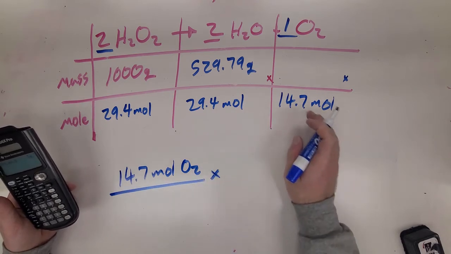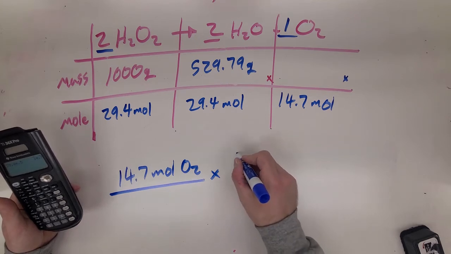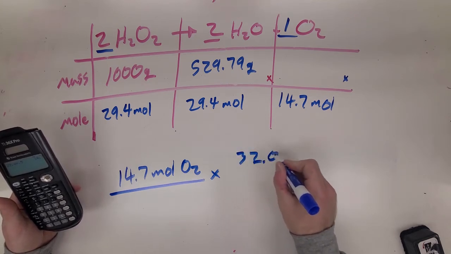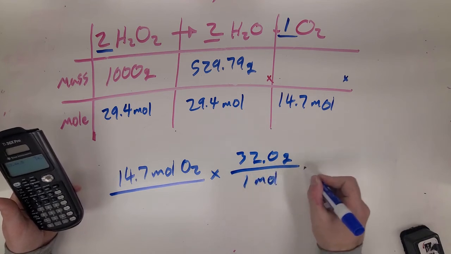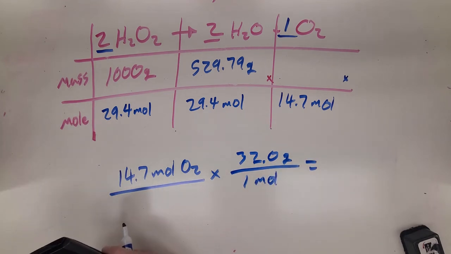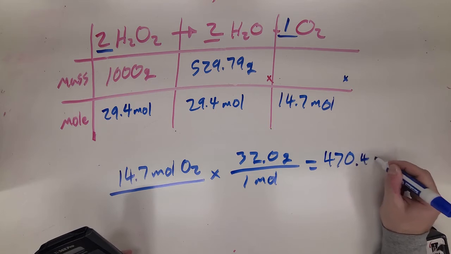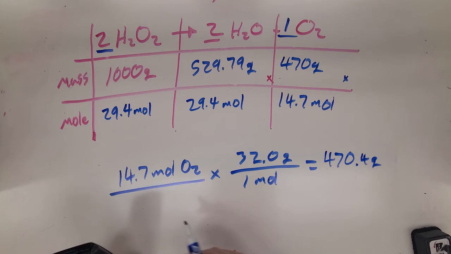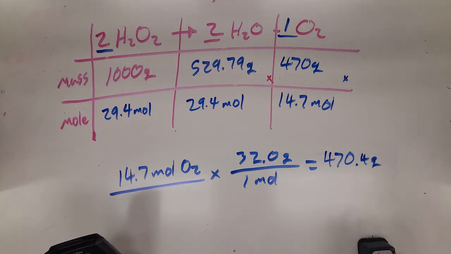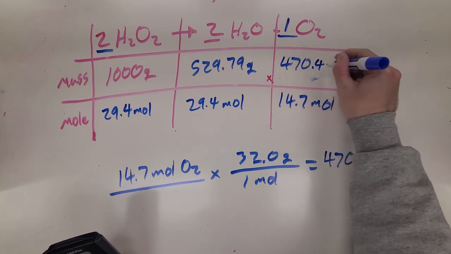We would multiply that by the molar mass of O2, which is 32 per mole, and that gets us about 470.4.